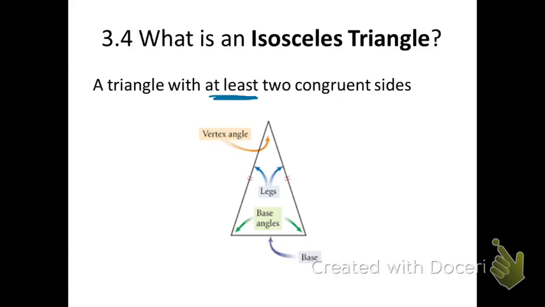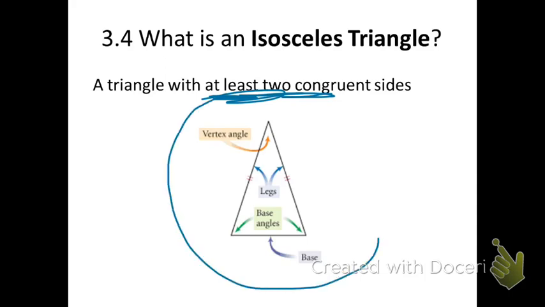If you have an equilateral triangle, that is always going to be an isosceles triangle, because by definition, equilateral means that you have three congruent sides. So if it has three congruent sides, that falls under the umbrella of at least two congruent sides. So therefore, isosceles triangles are sometimes equilateral. Equilateral triangles are always isosceles.